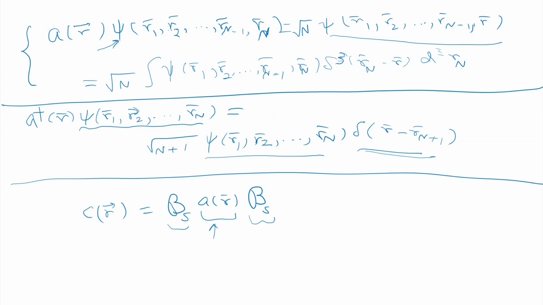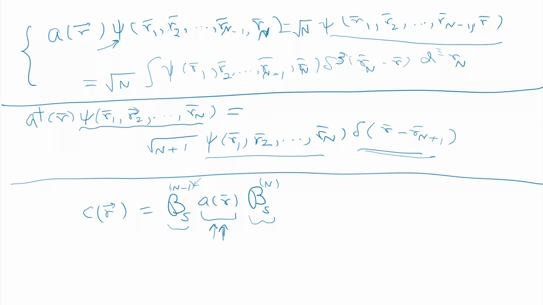This would correspond to n minus 1, because you are symmetrizing or anti-symmetrizing a wave function containing n particles, and then annihilating with A, which reduces the number of particles by 1, and then you again symmetrize or anti-symmetrize. Therefore, you will be symmetrizing with respect to one less number of particles.